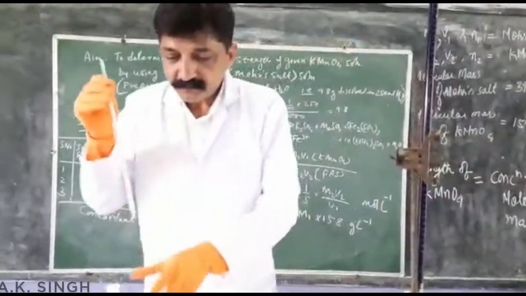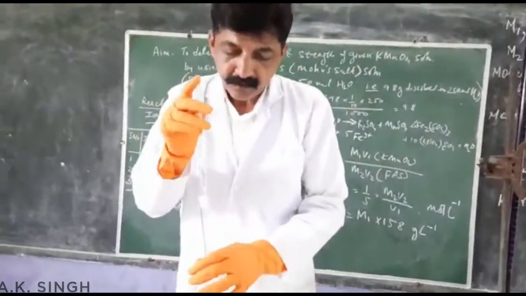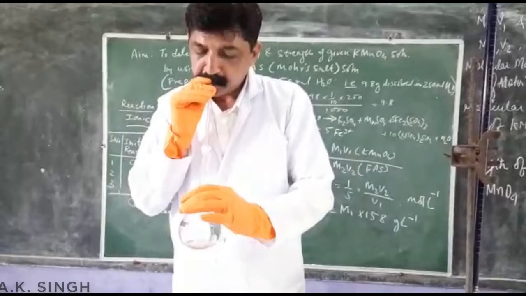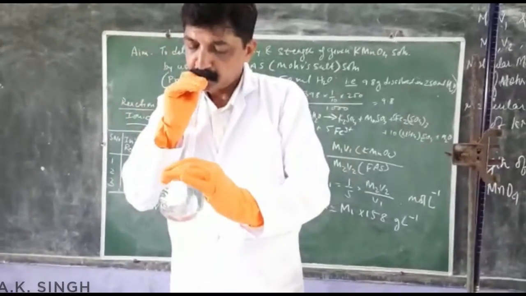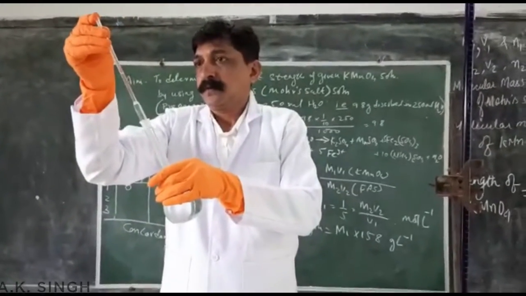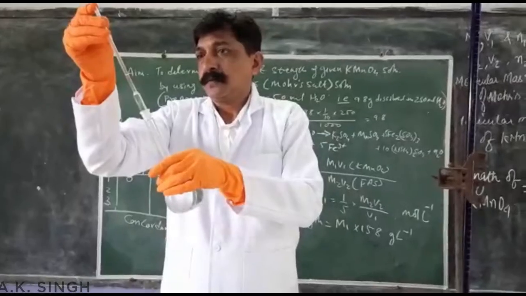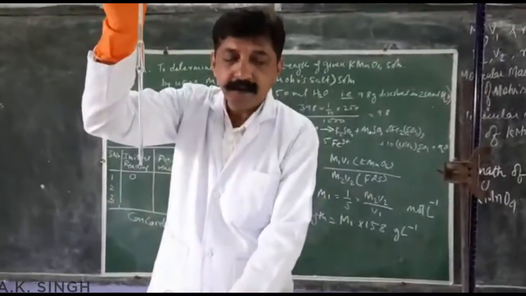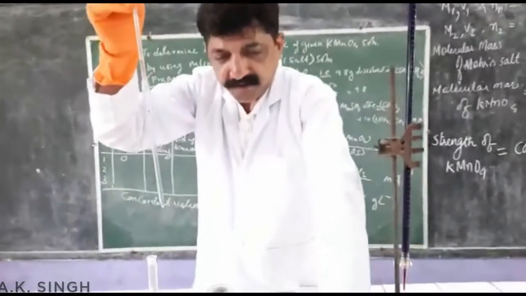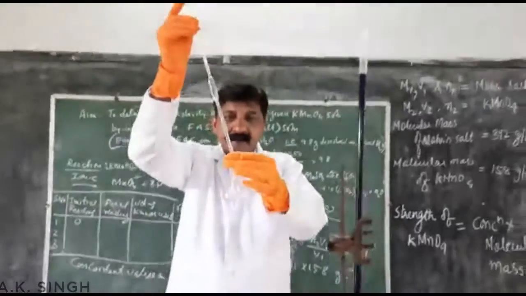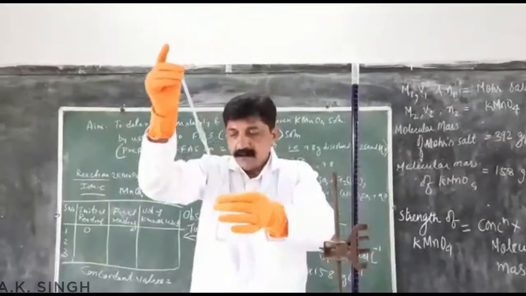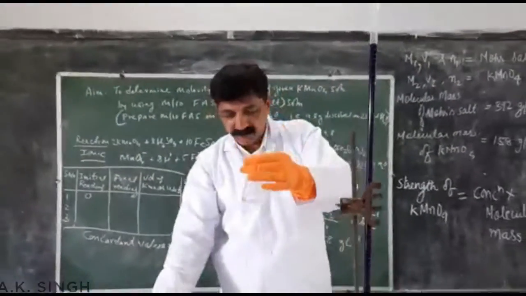Just take 10 ml of FAS solution. You can see it is 10 ml FAS solution. I have taken this in the conical flask. Take it like this. Now this is 10 ml Mohr salt solution.